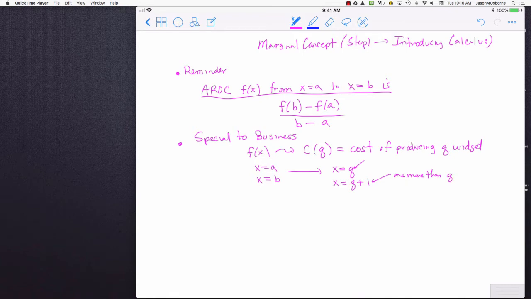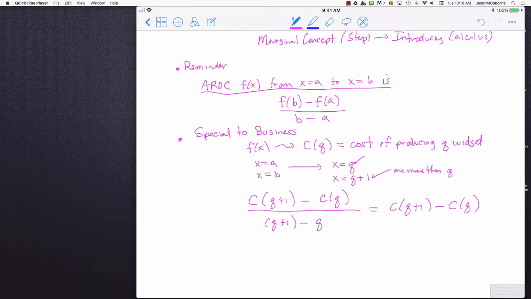And therefore, the average rate of change becomes the cost of q plus 1 items minus the cost of q items, divided by q plus 1 minus q, which is simply the cost to make q plus 1 items minus the cost to make q. The denominator is 1, so we'll just leave it out. Okay.